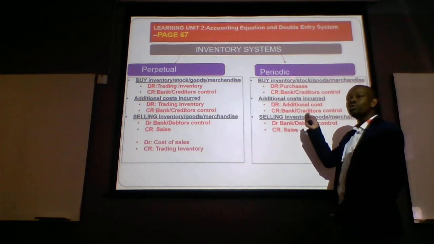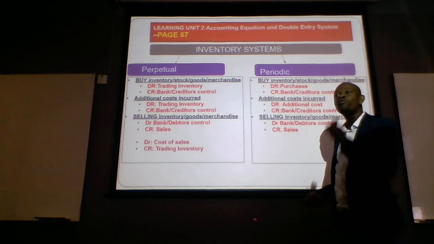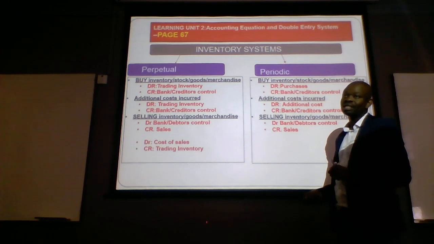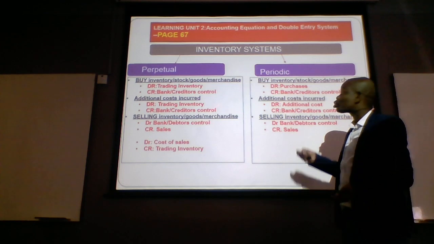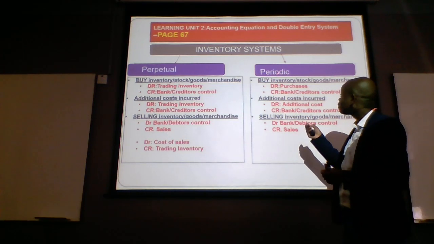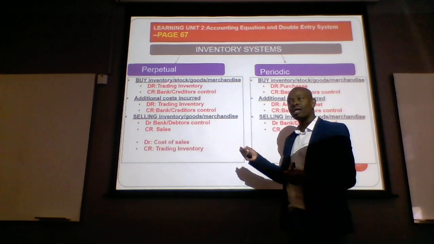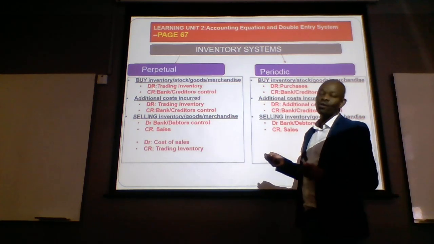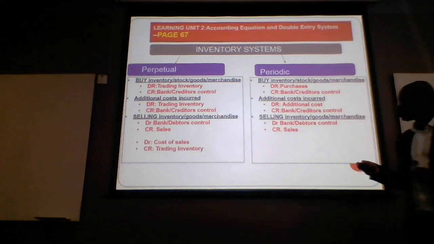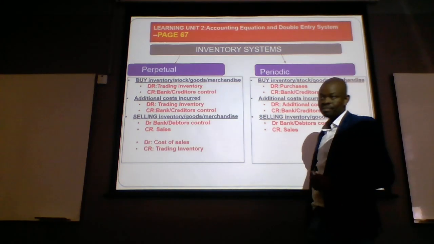And here we normally use a formula, which I'm going to show you at a later stage. Here we use a formula for all the sales to calculate cost of sales at the end of the period. Under perpetual, we don't use a formula. We just show sales and cost of sales for each and every sale. Okay? So I want you to get this theory first.